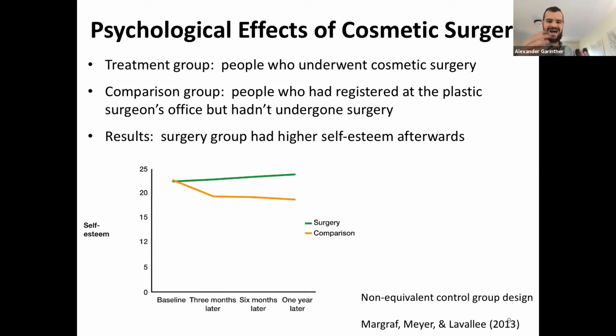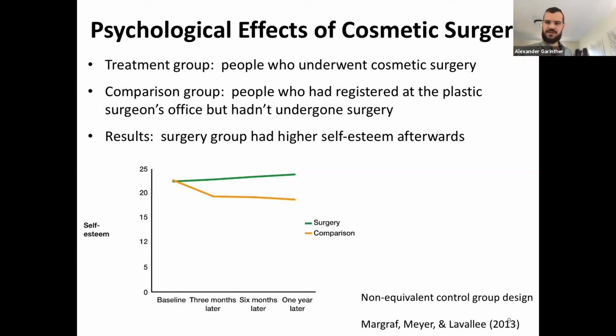So non-equivalent comparison or control group, but we're always striving to be as equivalent as possible, because in true experiments, random assignment is sort of our magic wand at getting these two different groups to be equivalent in all ways, except for the treatment that we manipulate.